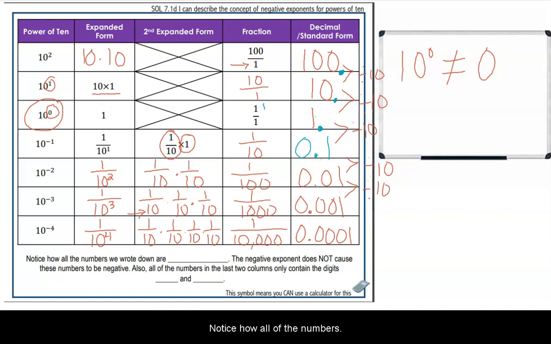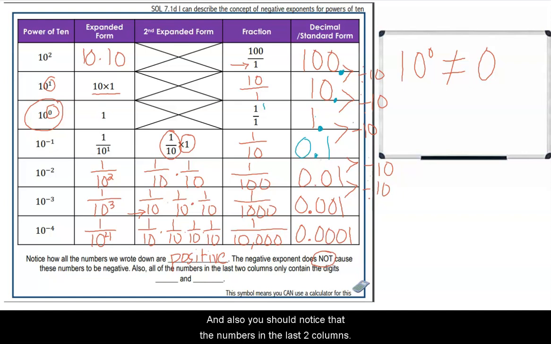Notice how all of the numbers we wrote down are positive. They're all positive numbers. The negative exponent does not cause these numbers to be negative. It just causes them to be really small.